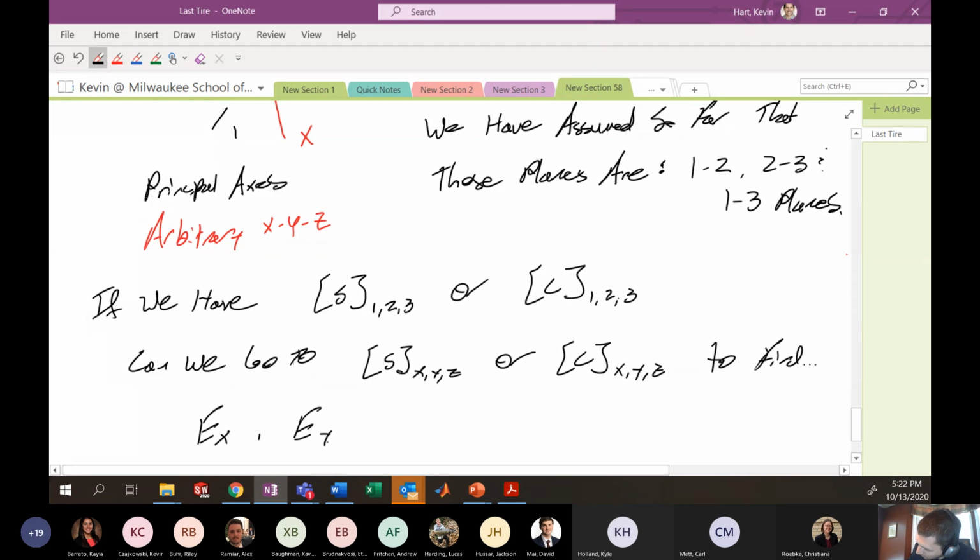What is the stiffness in the Y direction? What is the stiffness in the Z direction? What is the Poisson's ratio, xy? What is Poisson's ratio, xz? What is G, xy, etc., etc., etc.?